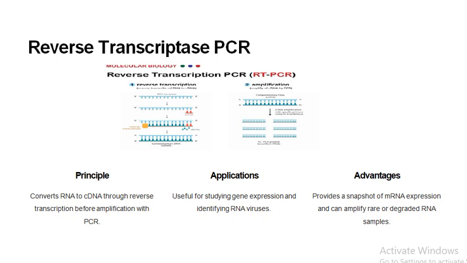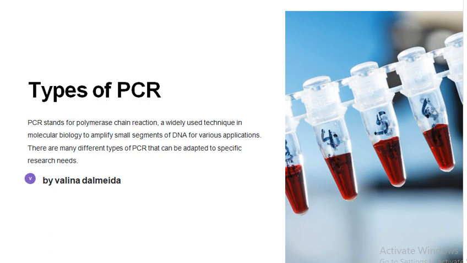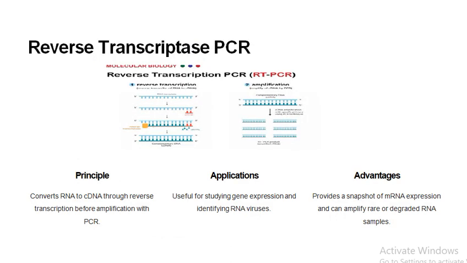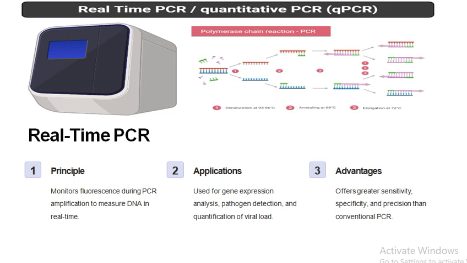These are the majority types of PCR used, the conventional and the RT-PCR, the basic PCR techniques used most of the time. But now we have something called real-time PCR, also called quantitative PCR. People usually get confused between reverse transcription PCR and real-time PCR, because people call both RT-PCR.